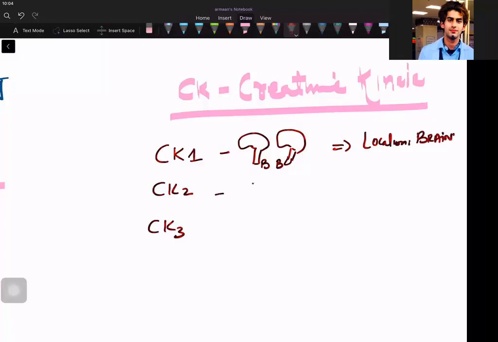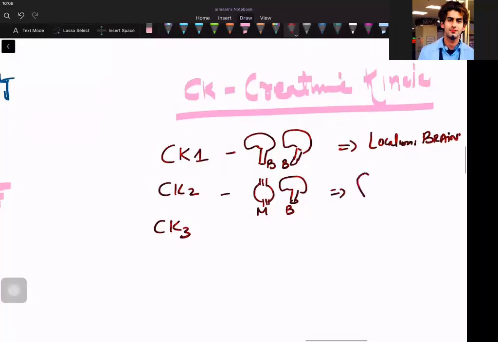It is muscle and brain subunit, MB, and its location is heart. CK3 is muscle, so the location is muscle.